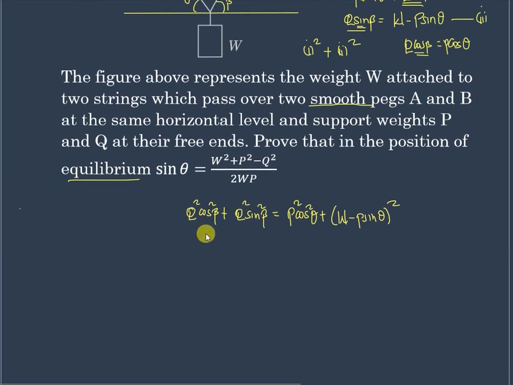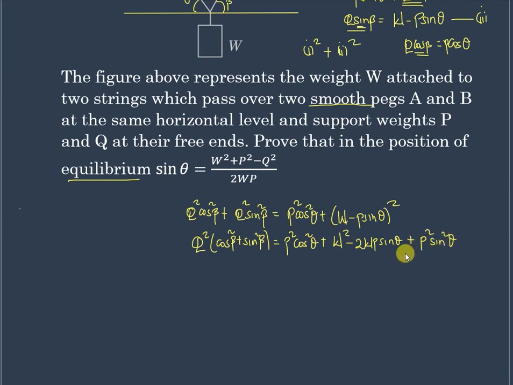So when we look at this one, it is Q squared into cos squared beta plus sine squared beta, equal to P squared cos squared theta plus W squared minus 2WP sine theta plus P squared sine squared theta.